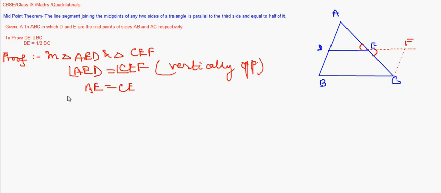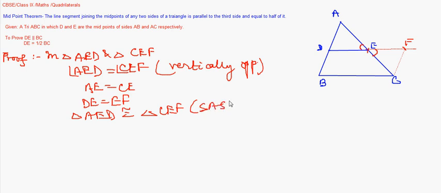We have drawn this construction that DE is equal to EF. Thereby the SAS congruency rule proves AED congruent to CEF by SAS rule. Once it is done, we are doing so to prove AD equals CF by CPCT.